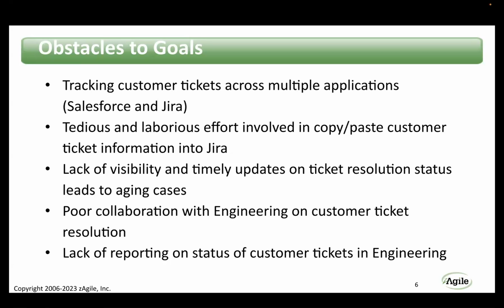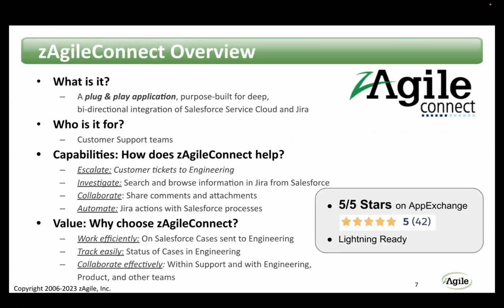There's no way to know which accounts have what outstanding issues that are in engineering, how long they've been waiting or aging, and so on. So these are all the different obstacles that support teams face in trying to achieve their goals. And these are the ones that we have particularly focused on in addressing with zAgileConnect.